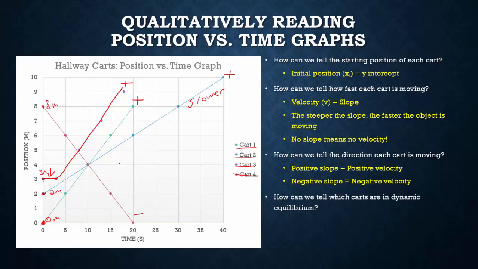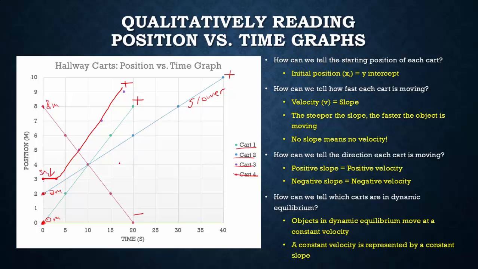How can we tell which of these carts are in dynamic equilibrium? Well, remember, dynamic equilibrium means that the cart moves at a constant velocity. The velocity is represented by the slope, so a constant velocity is represented by a constant slope. Consider cart number 2.